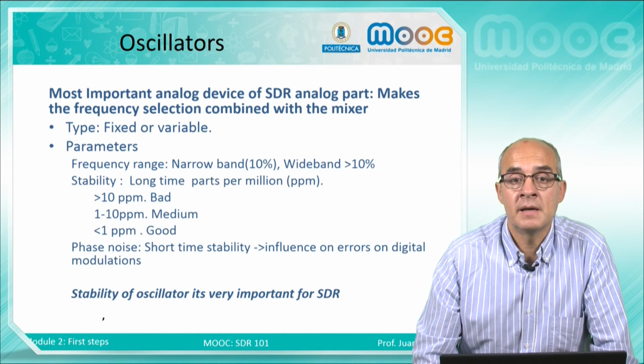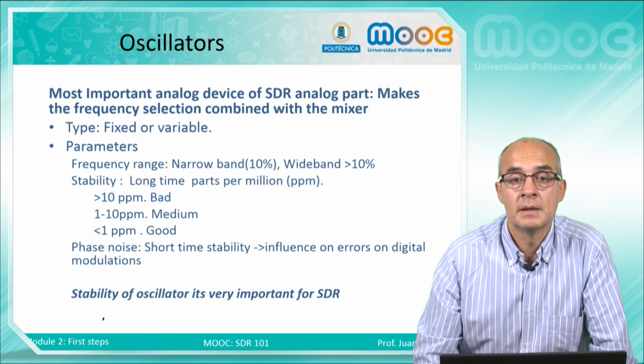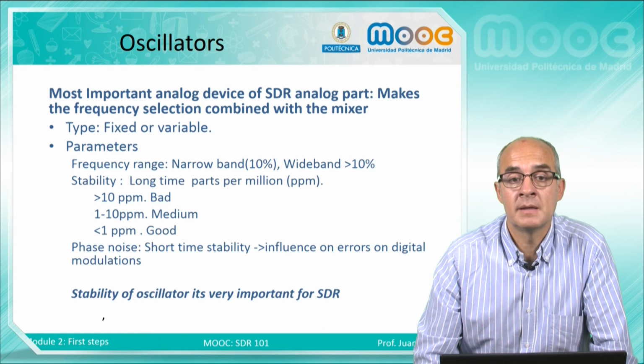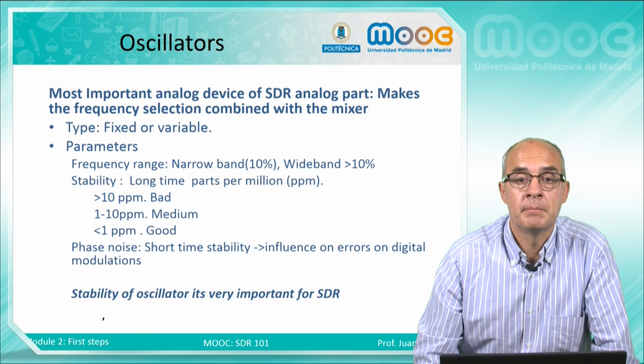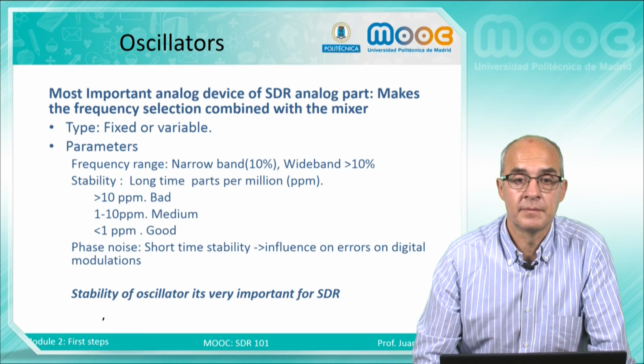We can say that stability is measured in parts per million. If we have a stability of 10 parts per million, this is bad stability. Lower than 1 part per million is very good stability. Normal devices have a range of 1 to 10 parts per million stability of the oscillators of the device.